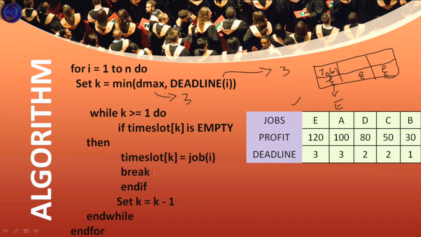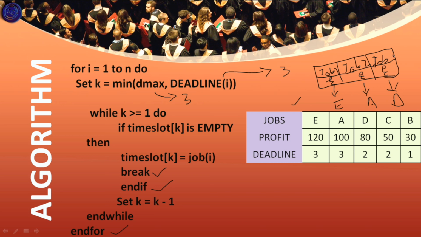After that I am going to break, and for the next job we decrement the K value and select the next job. The next job is A, so I select A in the place of job 2, and then decrement again, and I place the D job in the job 3 position.